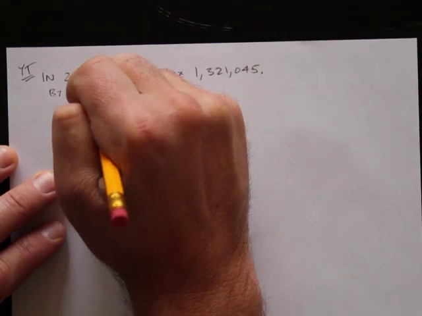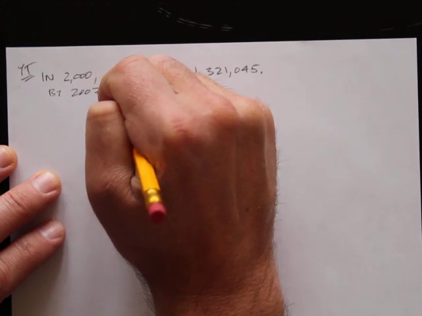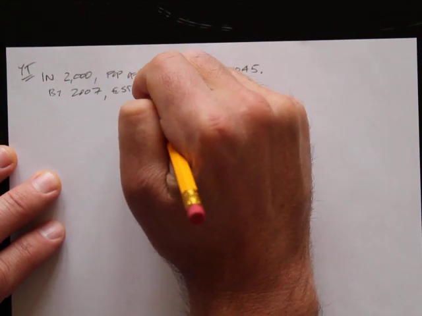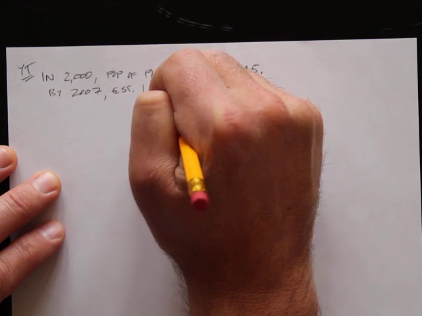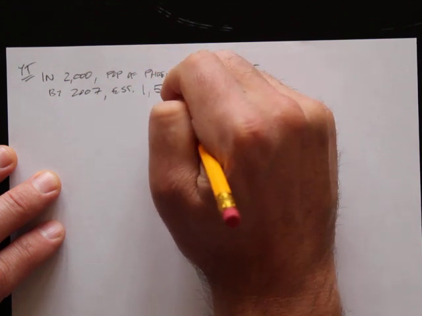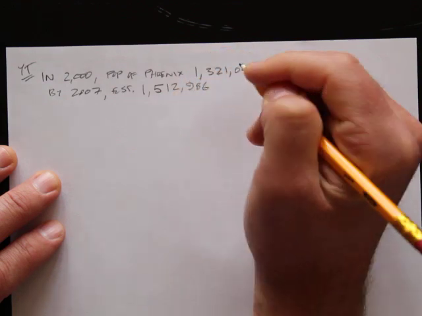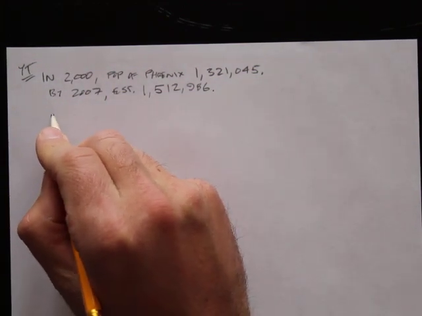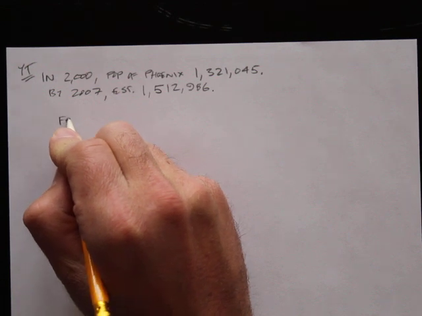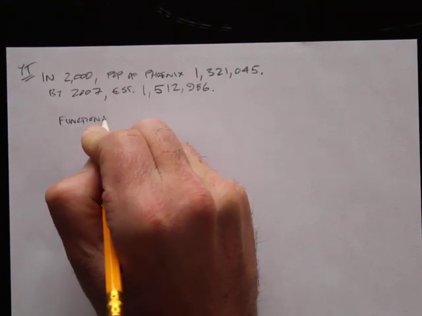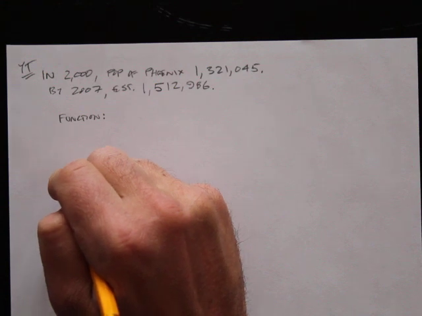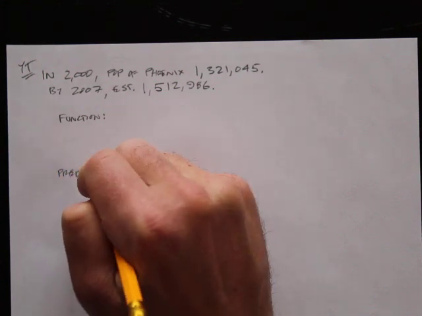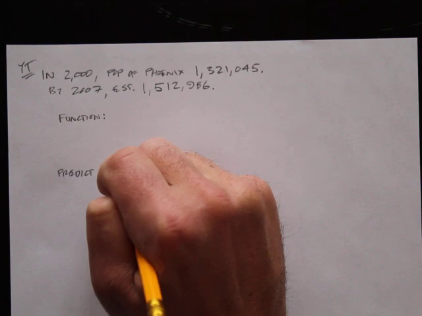By 2007, they estimate that they will have 1,512,986 people. Now, predict. So first, we need a function, so find the function. And then we need to predict the population in 2013.